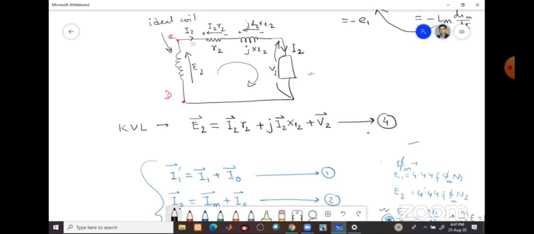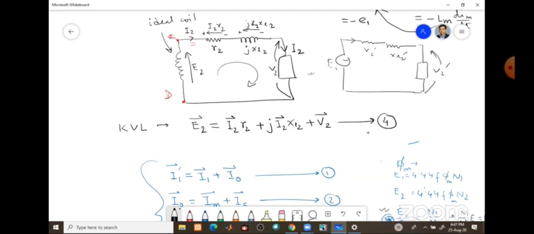These two circuits are similar, but the parameters are different. So all these parameters have changed. Now it becomes E1, this becomes R2 prime, this becomes jXL2 prime, and this becomes V2 prime.